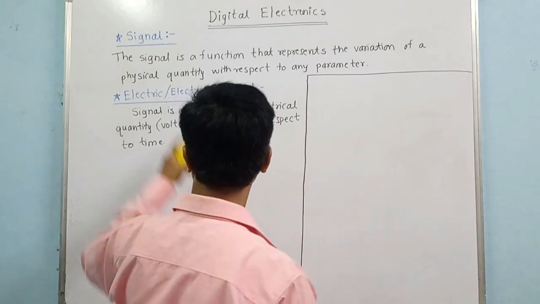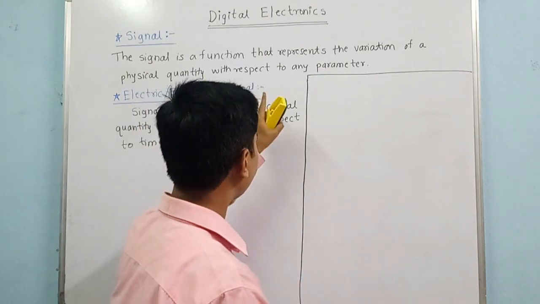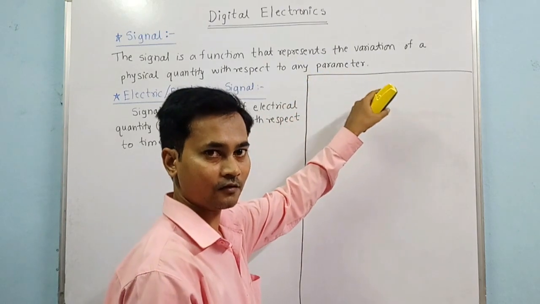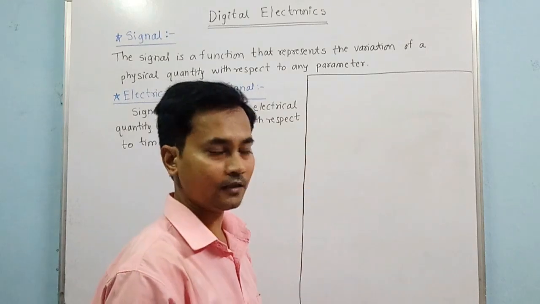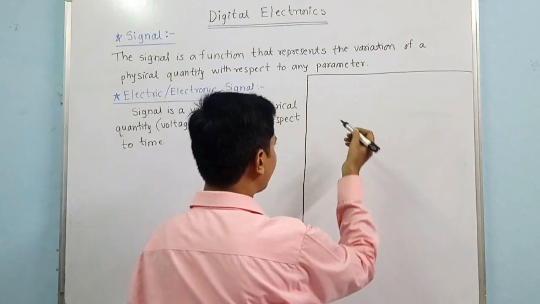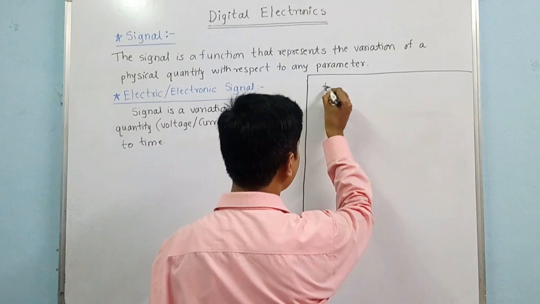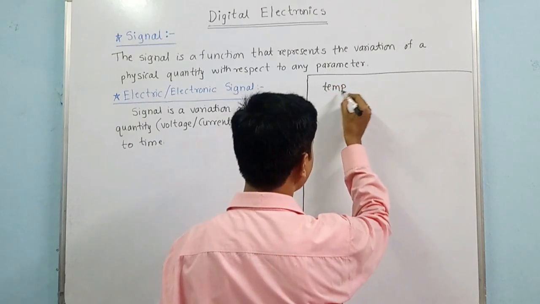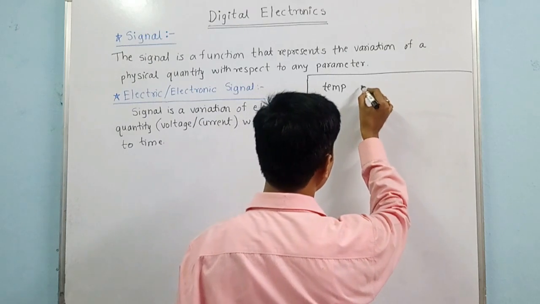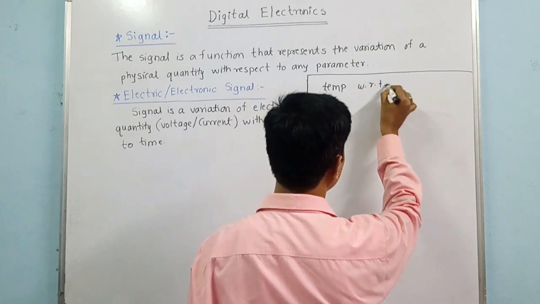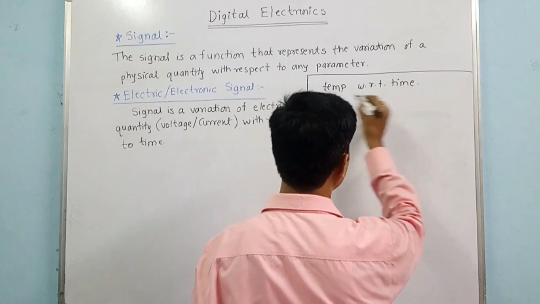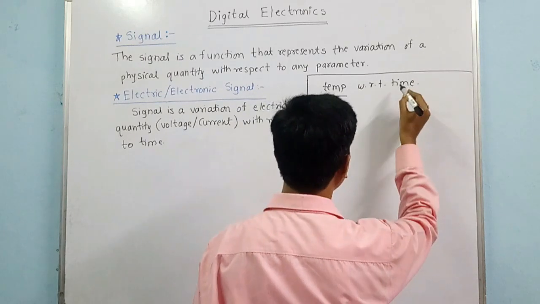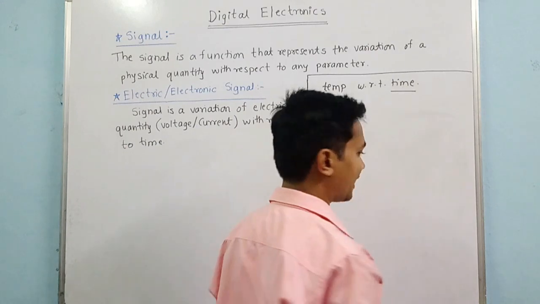For example, the physical quantity can be temperature, and this temperature can be varied with respect to time. So temperature is the physical quantity and time is the parameter.